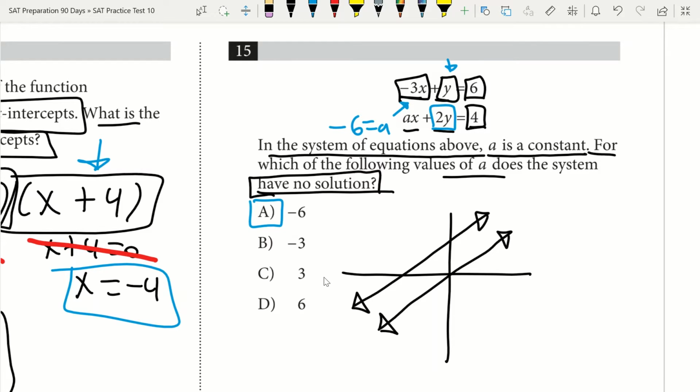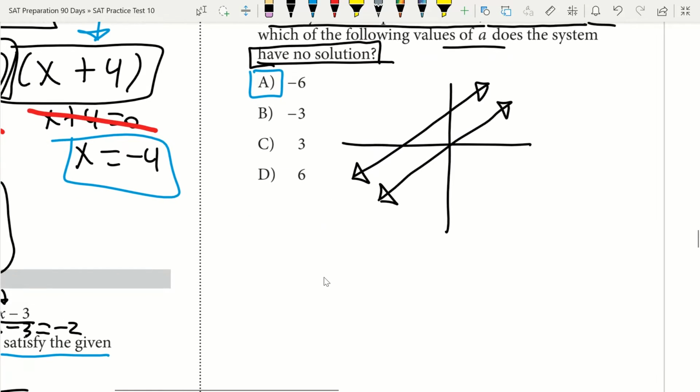Other things that you should just know, and this isn't on this problem, but if you have perpendicular lines, go ahead and draw some. If you've got perpendicular lines, it just means there's a 90 degree angle there, and that means that the slope of one line is going to be the opposite sign reciprocal. So let's say that the slope of this line was 1/2 x.